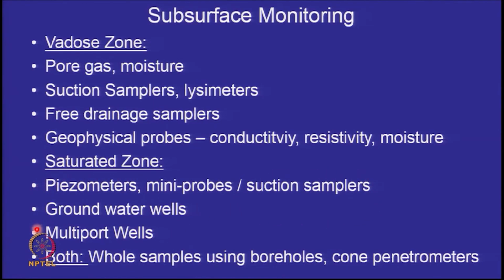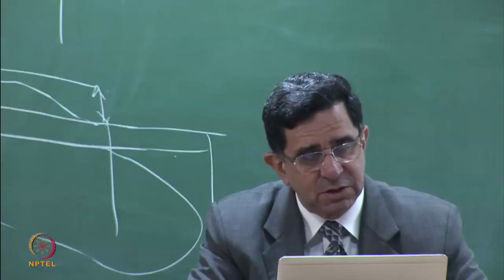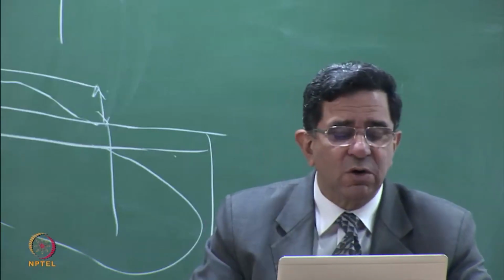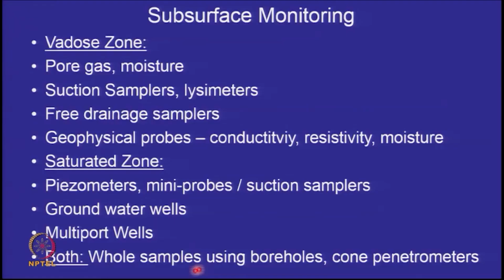If you want to do a very exhaustive analysis of your contamination, then you do what is called whole sampling. Then you don't try and suck out the moisture from a soil, you don't try and suck out the groundwater from a soil, you pick up the whole sample, whether it is saturated or unsaturated. This is called whole sample analysis. And what do you do? You bring it to the lab.